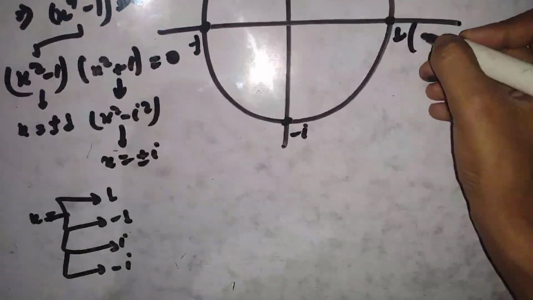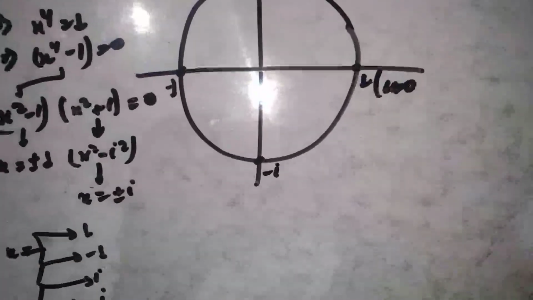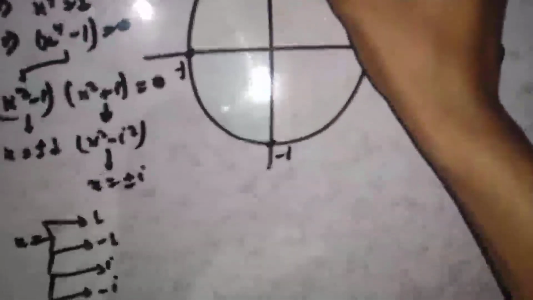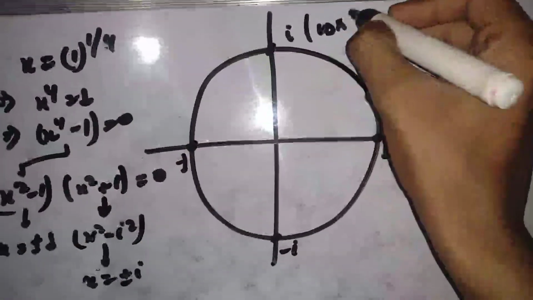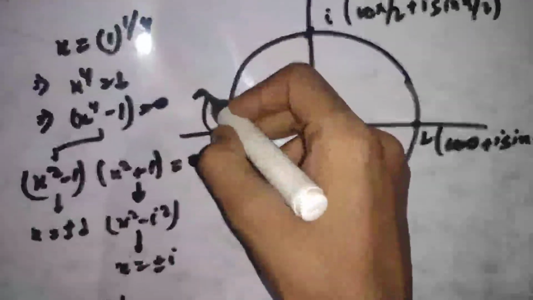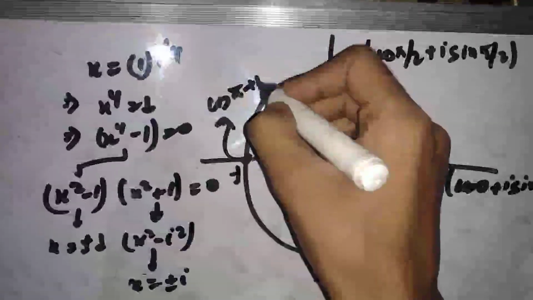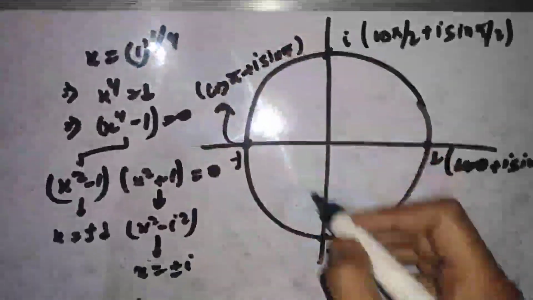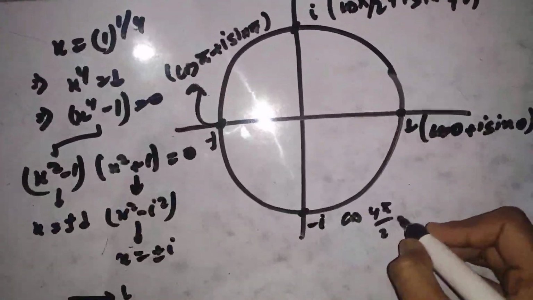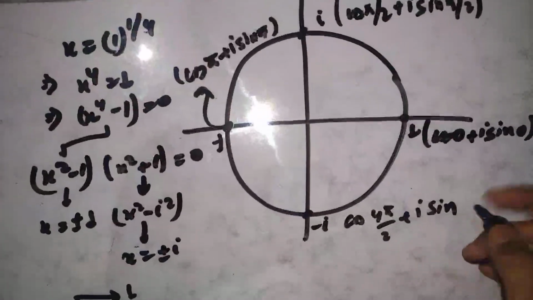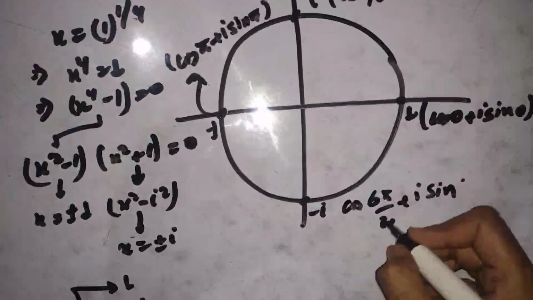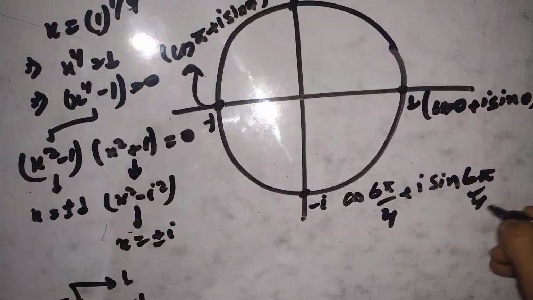We can also write these as cos 0 plus iota sine 0, cos pi by 2 plus iota sine pi by 2, cos pi plus iota sine pi, and cos 6 pi by 4 plus iota sine 6 pi by 4.